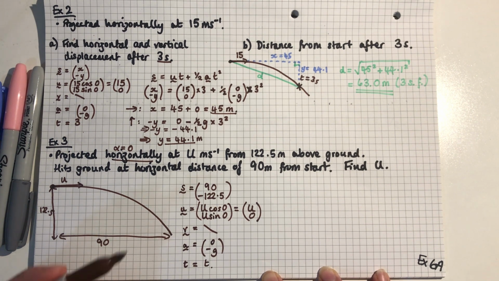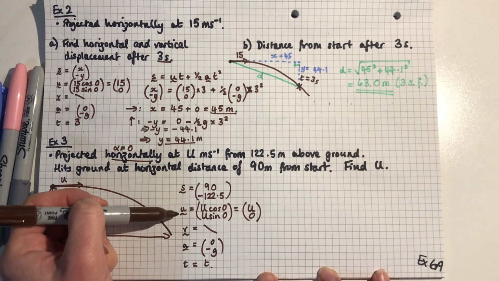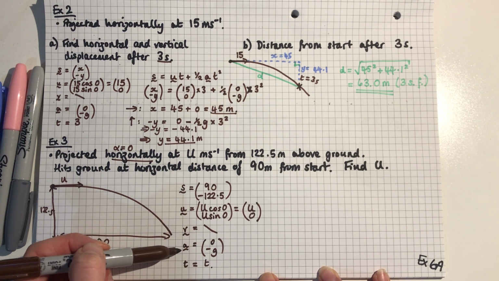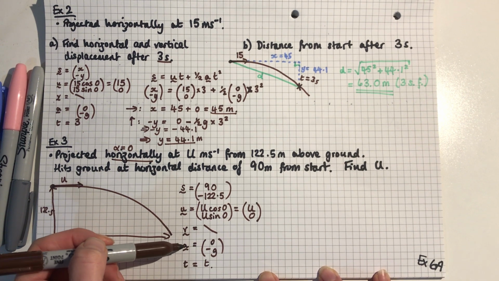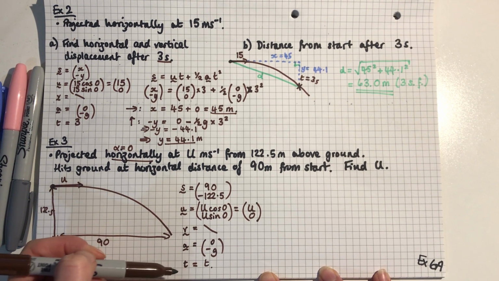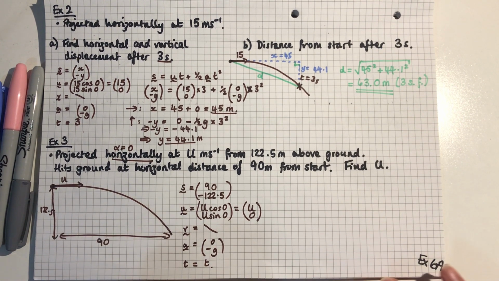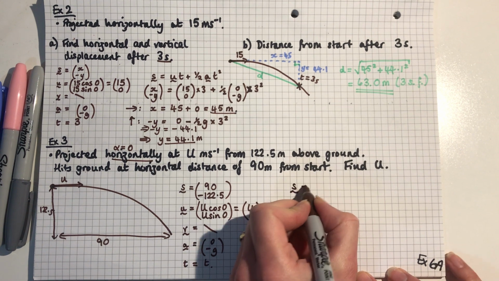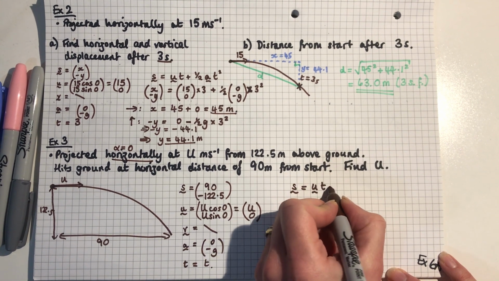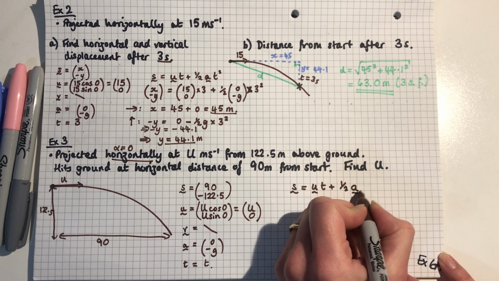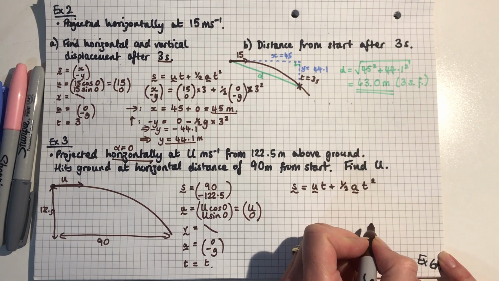So let's have a think about this. We have got S, U, A. We need 4 of these to use an equation, so I'm going to have to use T, even though I don't know it, so I'm going to have to work it out probably before I can do anything else. So let's have a look at what happens. Everyone's favourite again? You'll find that there's a recurring theme here in that we use this equation particularly a lot.